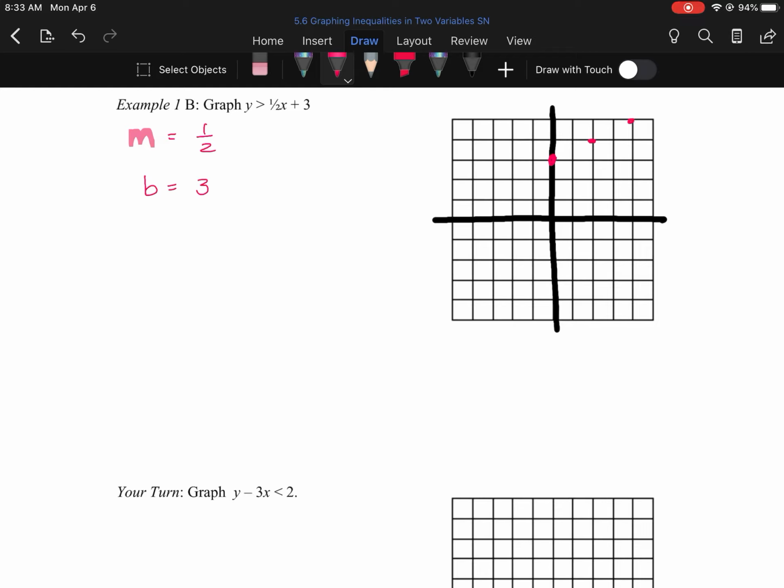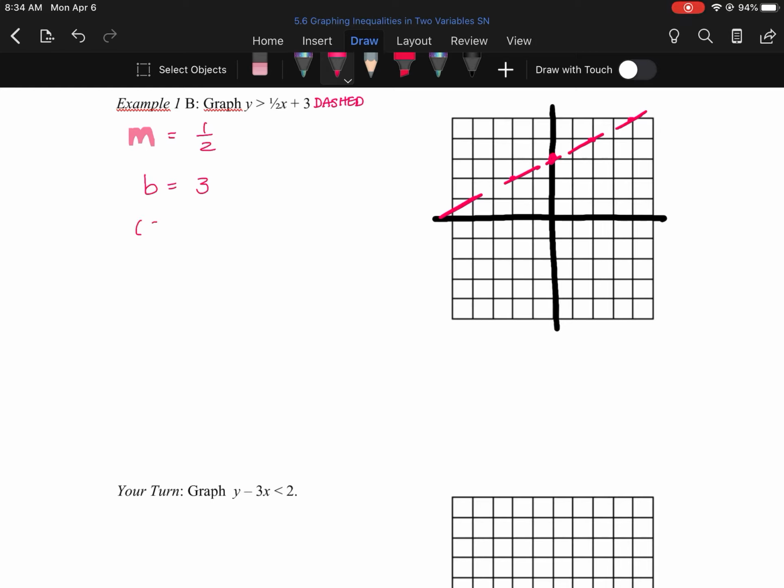But now be careful because my slope is 1/2, so that means up 1 and to the right 2. We could also go down 1, but then we have to go to the left 2. All right, what did I forget to do way back at the beginning? It is a dashed line. So I'm going to dash my line.